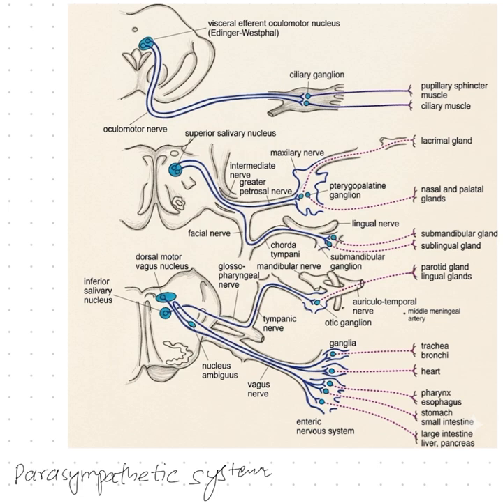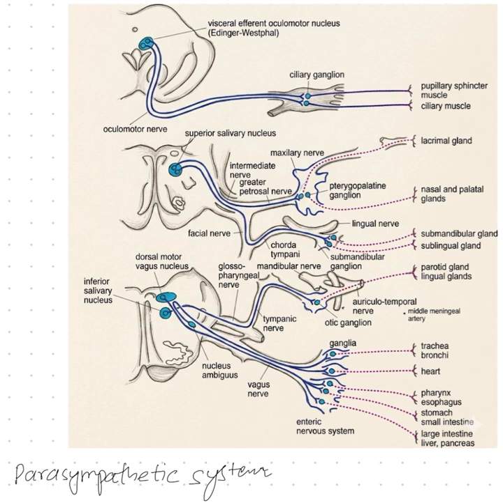Next is the pathway of the 10th nerve, the vagus nerve. Fibers originate from the dorsal motor nucleus of the vagus, and then the fibers go to the ganglia which are near or inside the final organs. Targets include the heart, trachea, pharynx, esophagus, stomach, and large intestine.